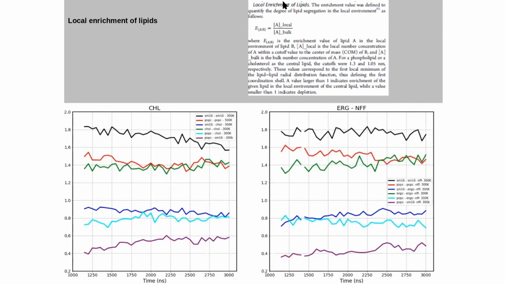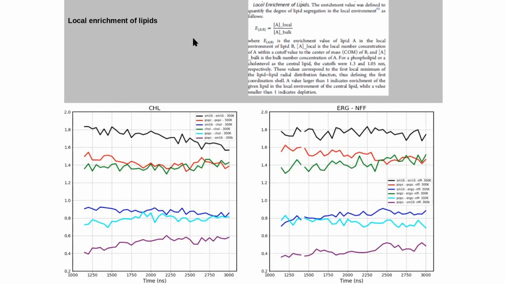That means you look at a lipid, a cholesterol or a sphingomyelin, and see how the other lipids are in your local surroundings. This idea of how many lipids are around you gives you an idea of how enriched your lipid is in the other lipids or in itself.